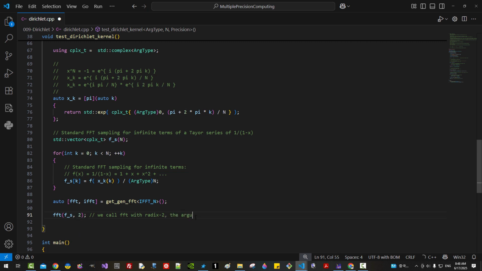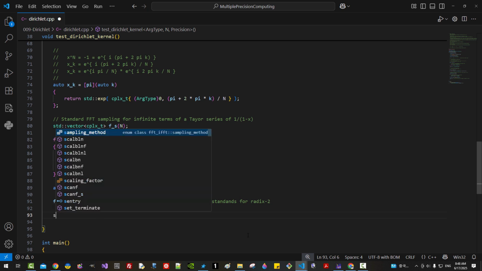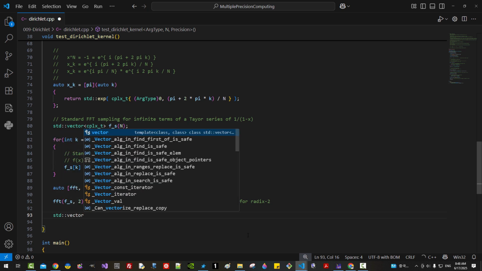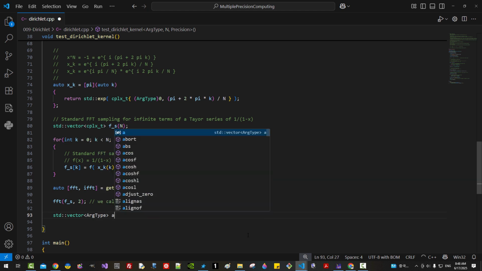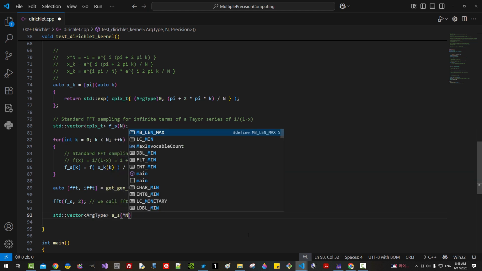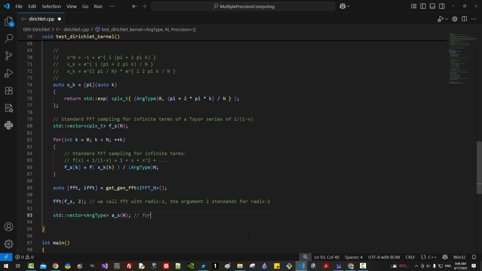The argument 2 stands for radix 2. Now std vector ARG type ASN. This is for standard FFT coefficients.